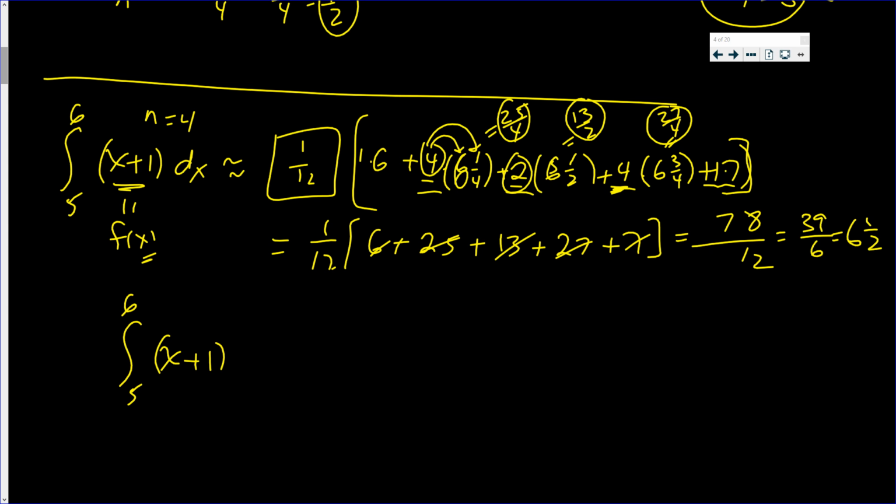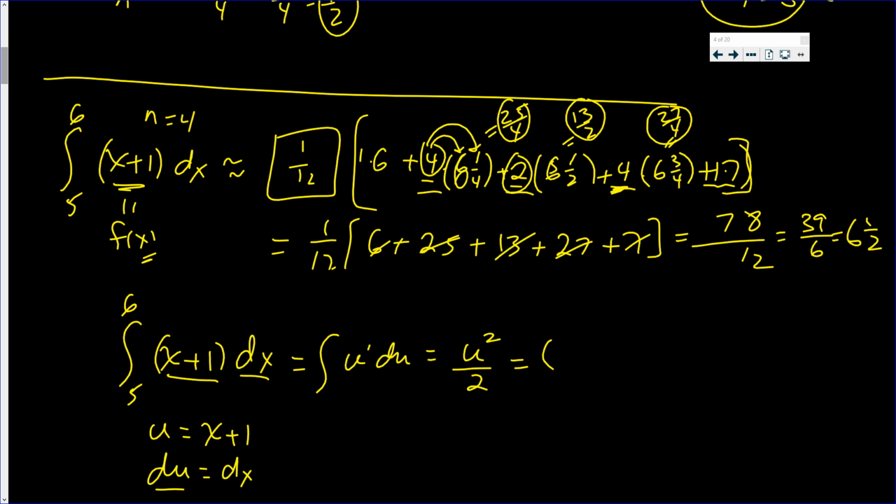If u is x plus 1, then du is just dx. So that's u, and dx is du. So this is u to the 1. So it's u squared over 2, which is, well, u is x plus 1, squared over 2. So we plug in 5 and 6.